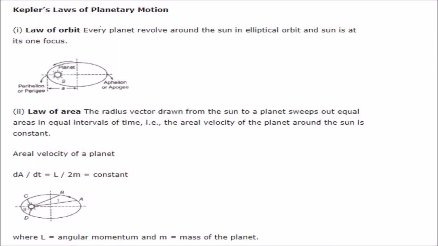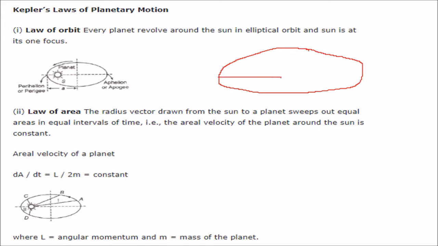Kepler's laws of planetary motion. First is the law of orbit. Every planet revolves around the sun in an elliptical orbit, and the sun is at one focus. So if I make it a bigger one, this is an ellipse.